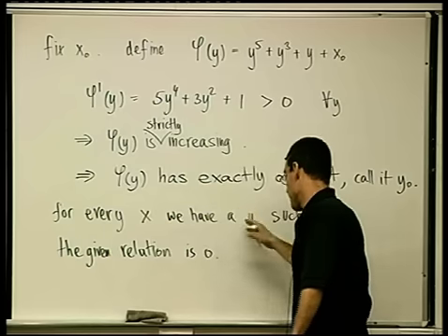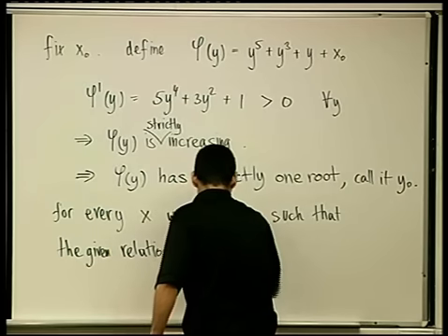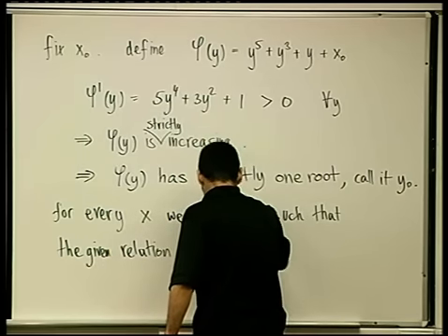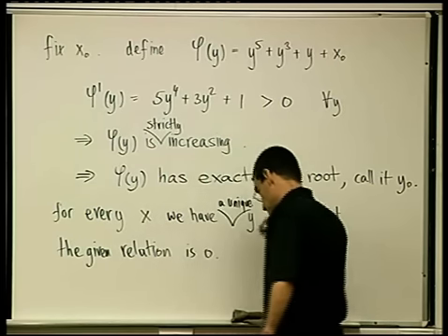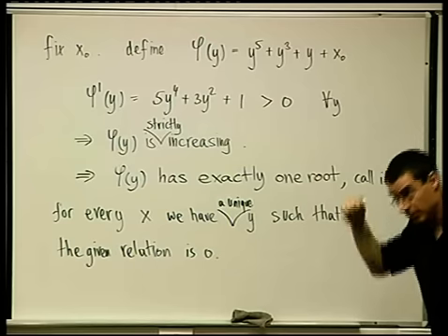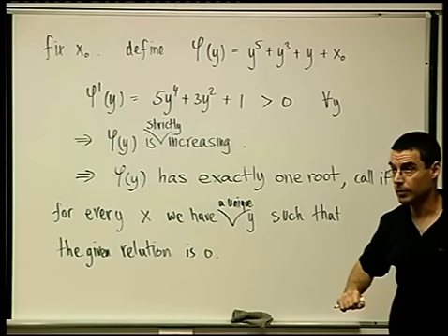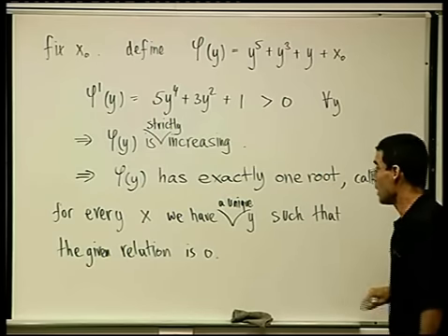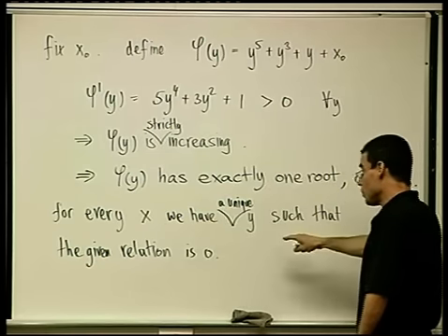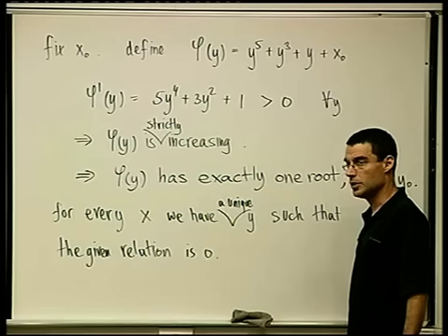For every x, we have a y, and not just a y. For every x, we have a unique y. That's important. That's precisely the idea of a function. For every x, you have a unique y, right? You can't have 2 of them. Remember that? That was the issue with the circle. So for every x, we have a unique y such that the given relation is 0.